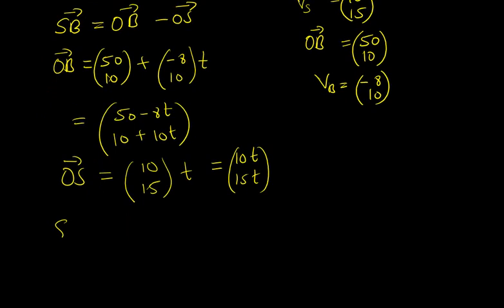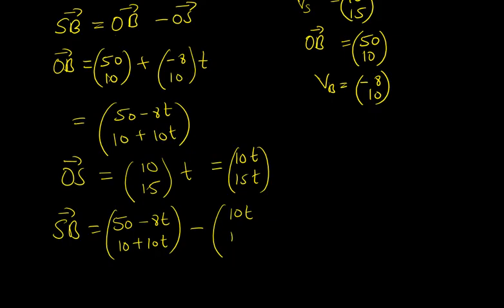SB will now be given by OB minus OS, of which we already have our OB, that is 50 minus 8t, then 10 plus 10t, then take away 10t, 15t, so 10ti plus 15tj.